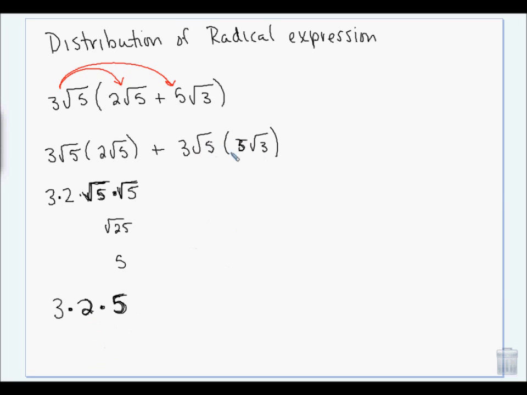And then here I have 3 times 5 times the square root of 5 times the square root of 3. So that's 15 times the square root of 15. 15 is just 3 times 5, so I don't have any perfect squares in here, right? So this becomes 30 plus 15 times the square root of 15.